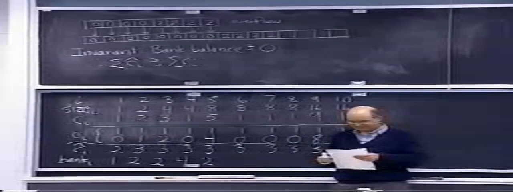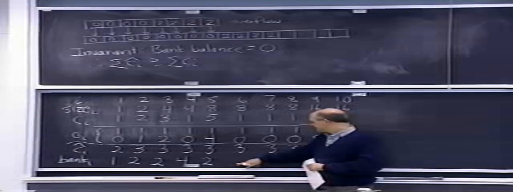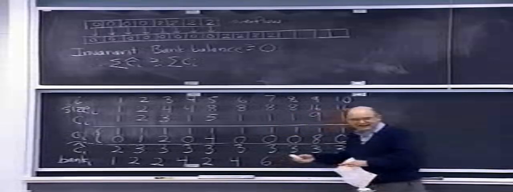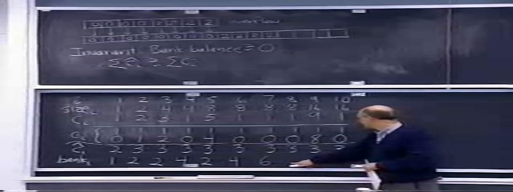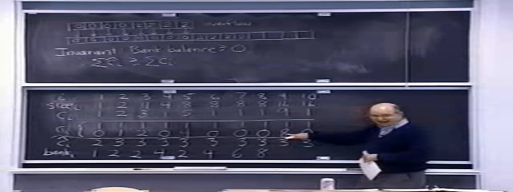Okay? And here, 4, 6, yeah, because we're just adding $2 to the bank account for each of these inserts. 8, and now here, this 8 is paying for that, right?